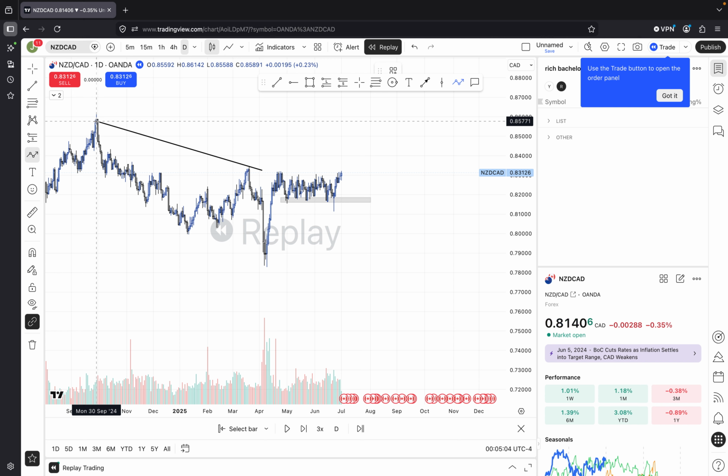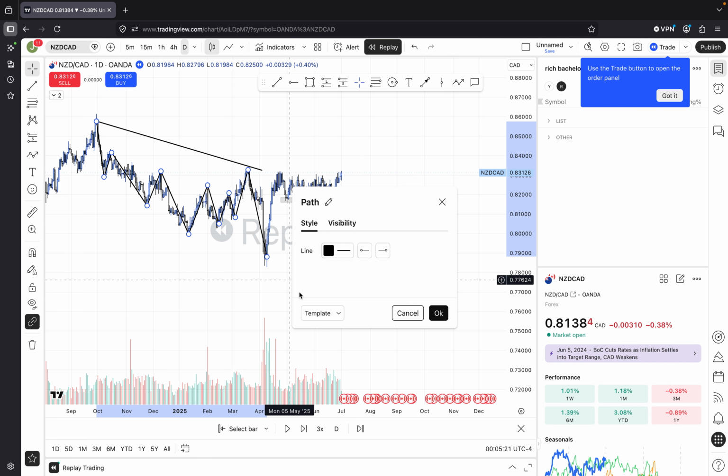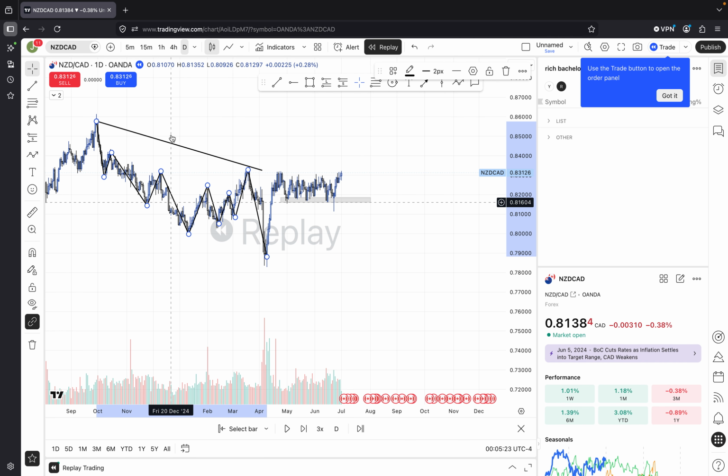So since this is a downtrend, lower high, lower low: here, here, here, here, boom, boom. That's how I would mark up the chart.